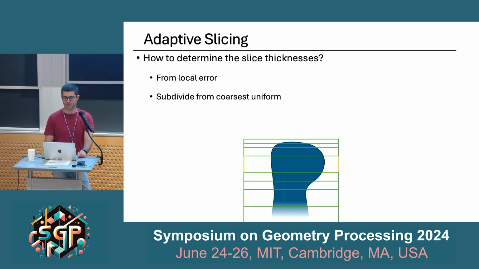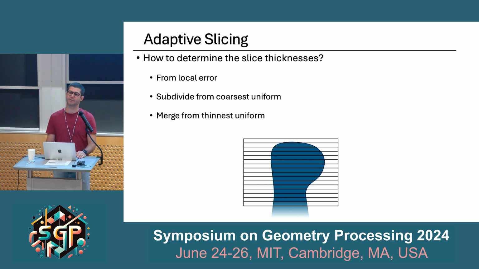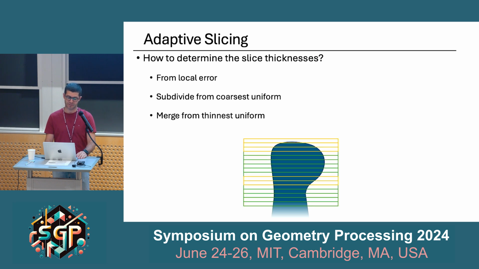And so we just continue like this, refining when it's necessary, and eventually we get an adaptive slicing which positions more slices where it's more necessary. We can also do the other way around, so we start with more layers than we want to obtain in the final result, and we just continue by merging adjacent layers in regions which are nearly vertical, like this.